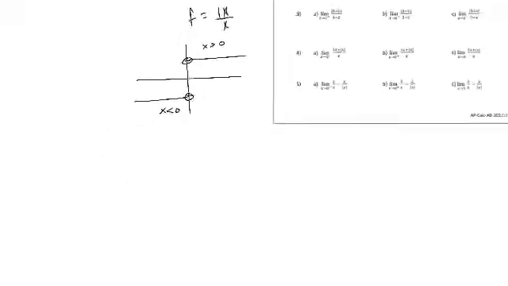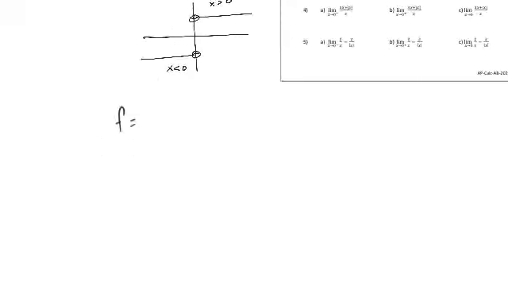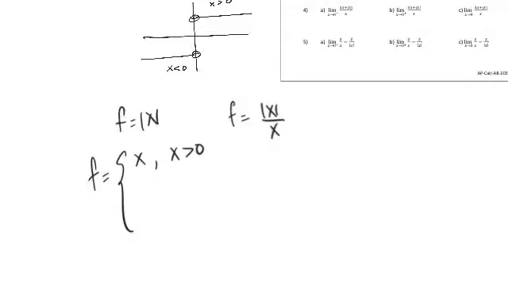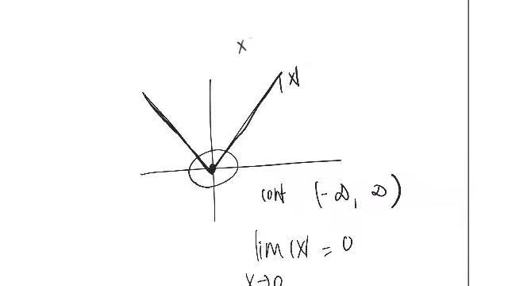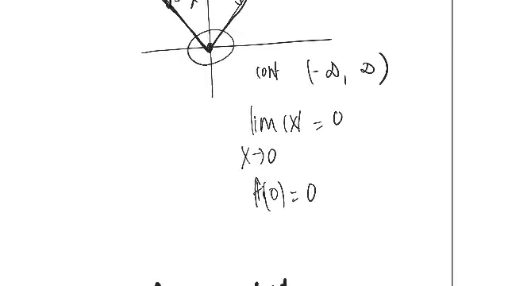So both of these two functions can be written as piecewise functions. Let me remind you that absolute value of x can also be written as the function which is equal to x if x is greater than 0, and negative x if x is less than 0. That just means on this graph, if x is greater than 0, the line is y is equal to x. If x is less than 0, the line is y is equal to negative x, right?